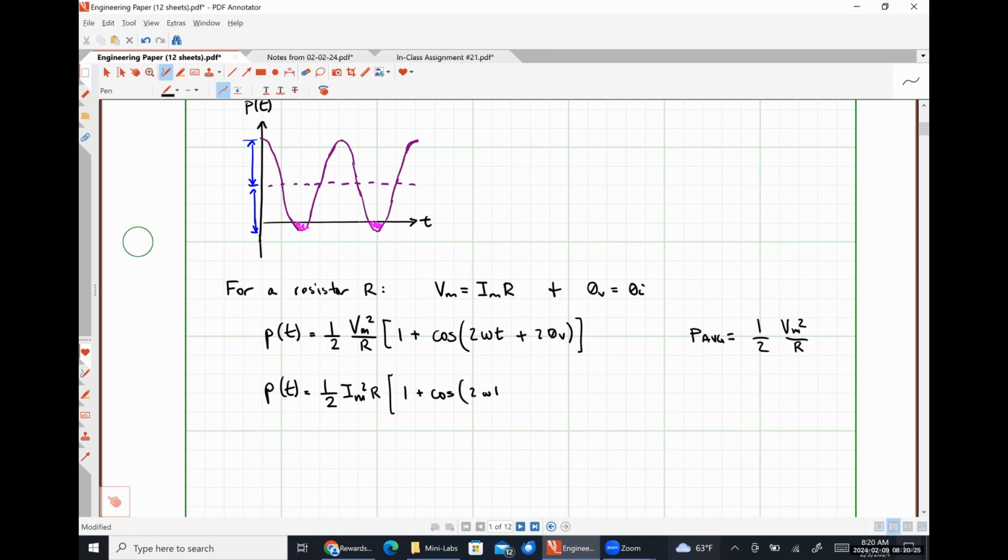And now we can say that theta v plus theta I is going to look like twice theta I, since our angles are the same. And expressed only in terms of our current, our average power is given by 1/2 IM squared times R.